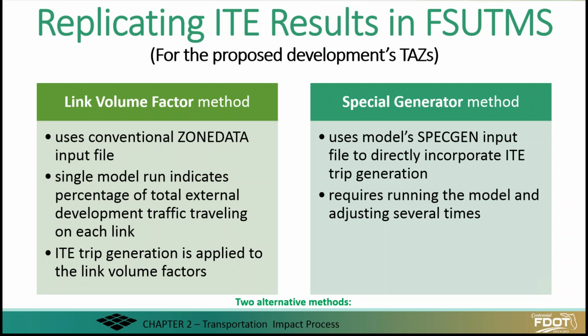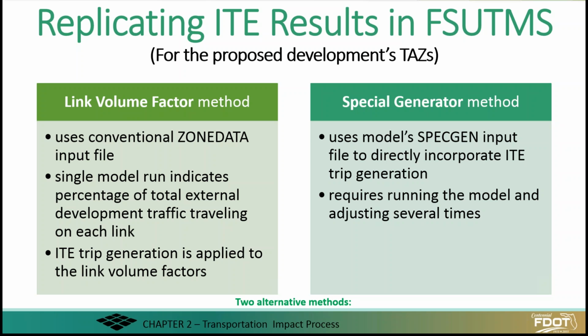Your data that you're going to be putting in may not be as specific as they would be for ITE. However, the benefit here is you can let the whole model run with data in its own formats and its own numbers, and when it's done, you will receive a set of factors, or you will calculate a set of factors of trips traveling from the site throughout the region, and then you can apply those factors to the trips generated from the ITE method, and we'll discuss that in more detail later.